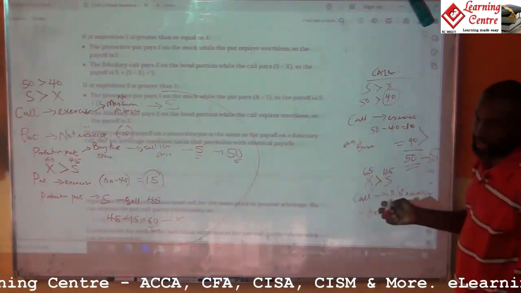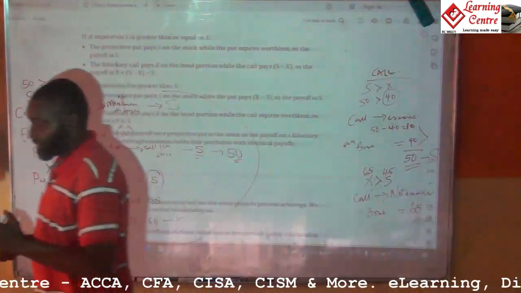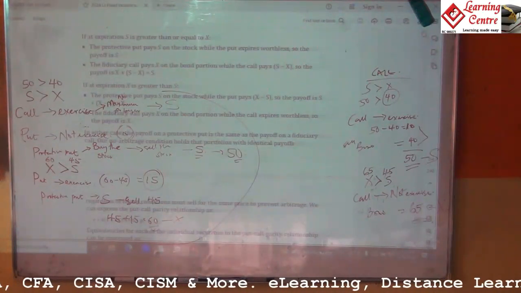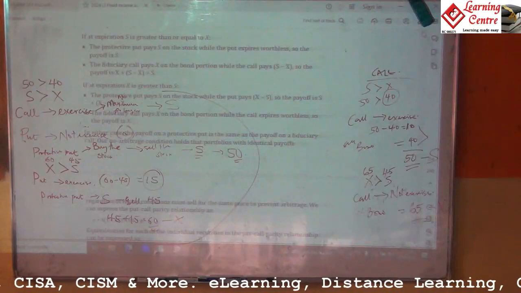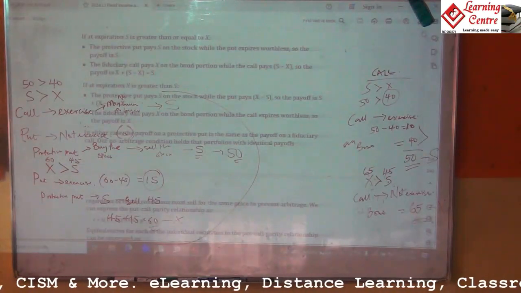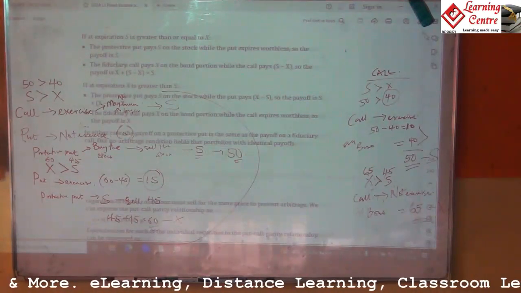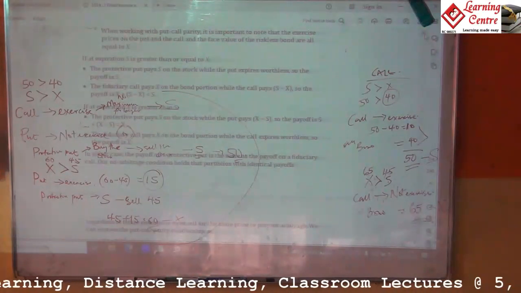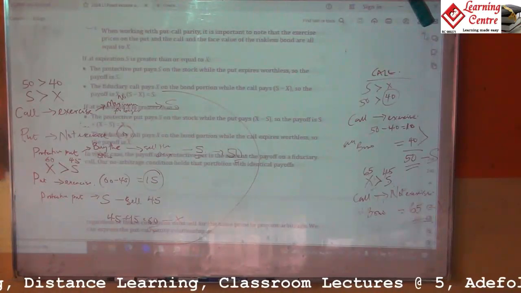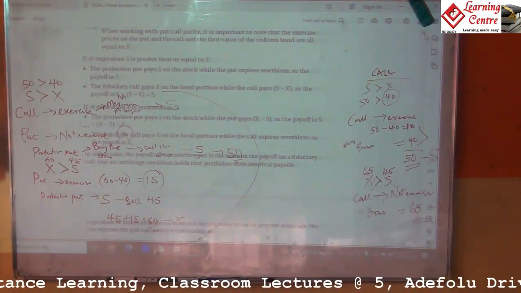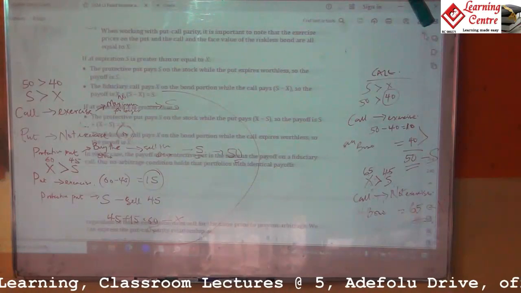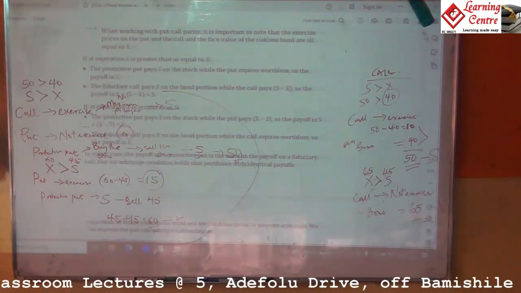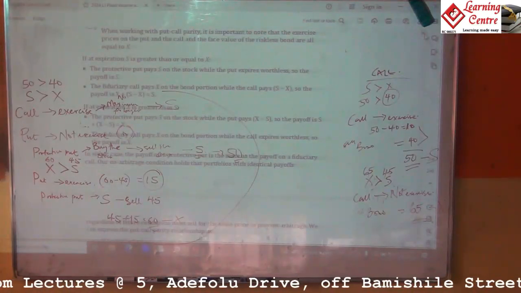S, X, S, X. It's just different. So I think you should note it as a summary in your notes. When S is greater than X, so for a call option, that means it is in the money.